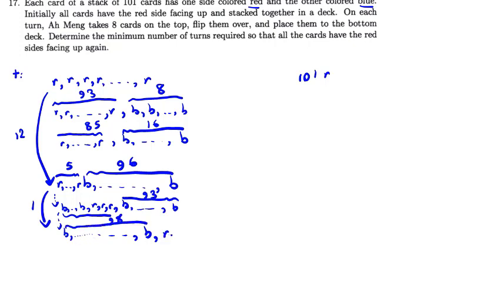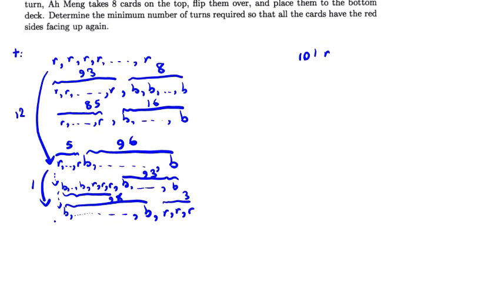And then you have what? 3 R's. Okay. And then for the next step, you consider 8B, change 8B to 8R, and then you subtract here by 8, you have 90B, and then the number of R's will be 11.